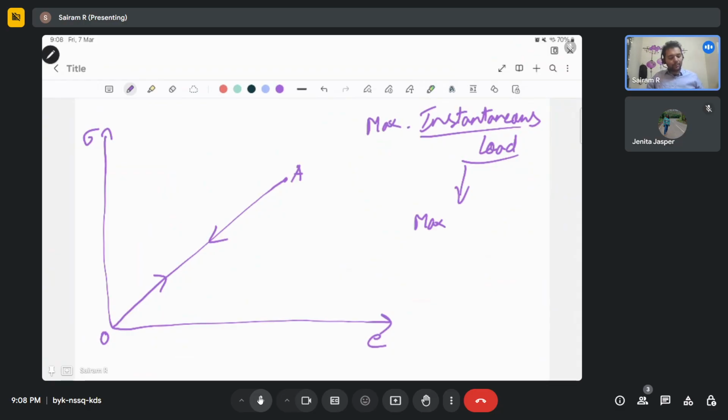I have given the maximum instantaneous load. Max strain is not achieved. What would happen in that case?